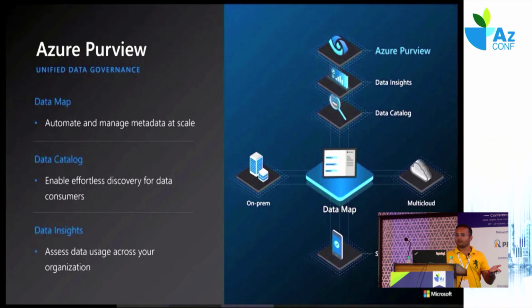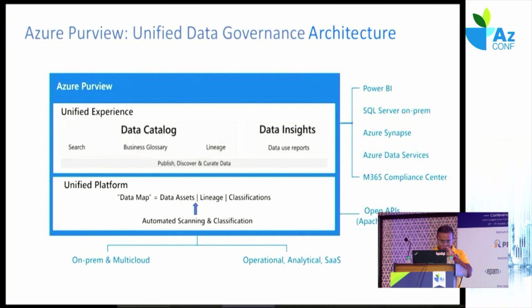If we are putting any masking principles on that, and how or which roles within the organization are able to access the data, and things like that. So these are the 3 basic building blocks of Azure Purview, the data governance offering from Microsoft. So you see data map, assets, lineage.